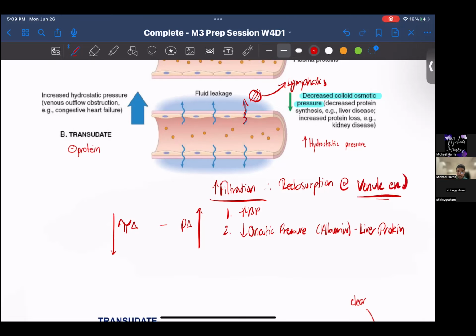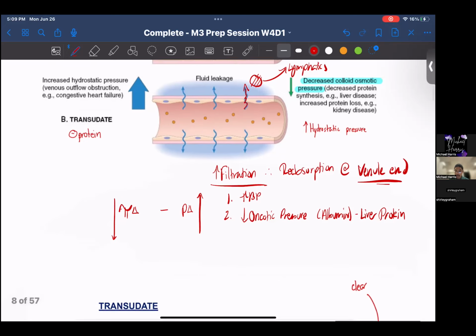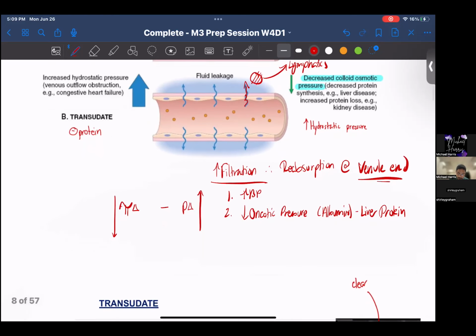Okay, good so far. Yes. So with that being said, do you expect to see protein or do you not expect to see protein? Ask the question again. Do you expect to see protein in this fluid or do you not expect to see protein in this fluid? The norm would be not. Yes, good.